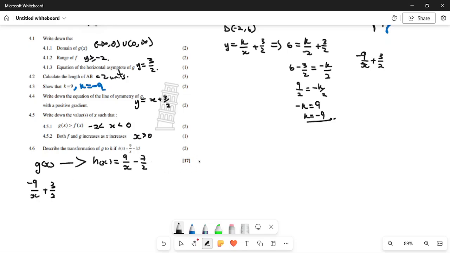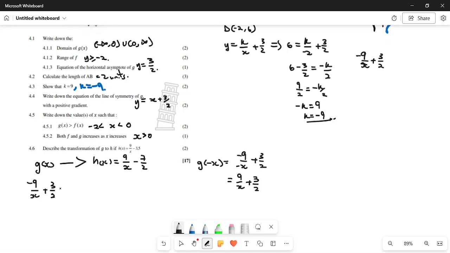So chances are g was reflected on the y-axis, and we ended up with a function like 9 divided by x, then plus 3 divided by 2. Okay, first I can say my function of g was reflected on the y-axis.